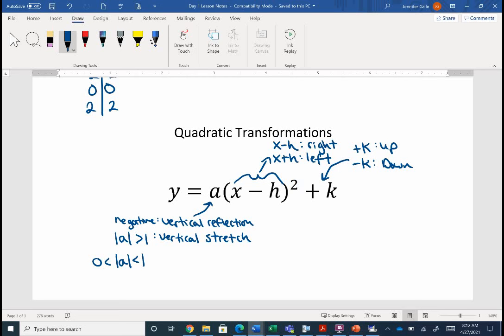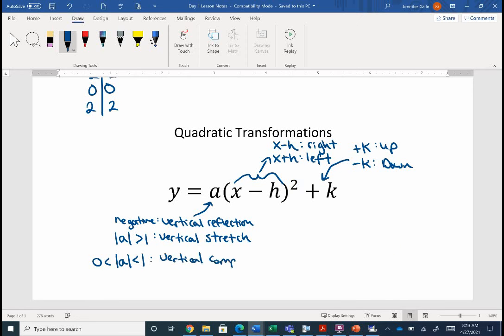We have to be careful here. We can't just say A is a fraction or a decimal, because there's fractions and decimals that are bigger than 1. If I have the fraction 3/2, for example, 3/2 is bigger than 1. So 3/2 would fall into the stretch category. So we have to be careful in thinking that a fraction is going to get us our compression. So if we're between 0 and 1, ignoring the sign of A, it's a vertical compression.